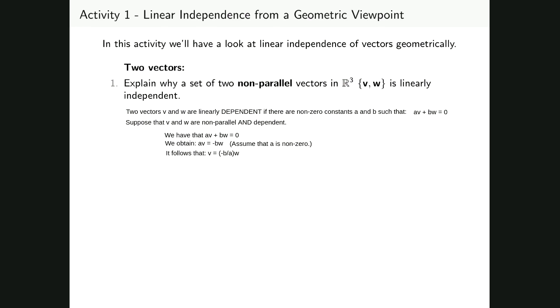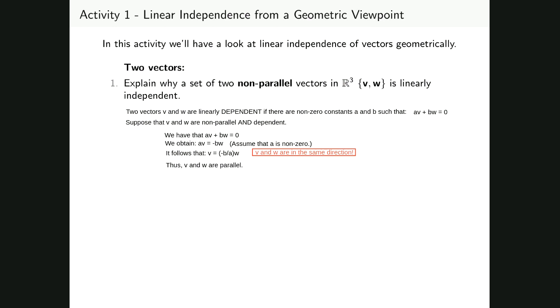Okay, and if these are in the same direction, right, that one can be obtained from the other by scaling, then they are parallel. Okay, which contradicts our assumption that they are non-parallel.